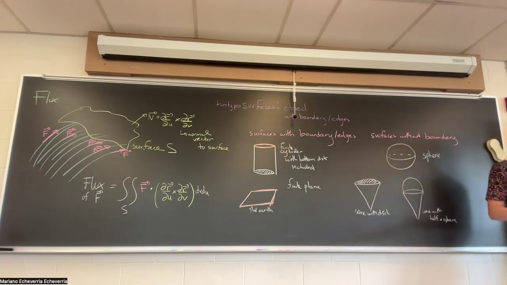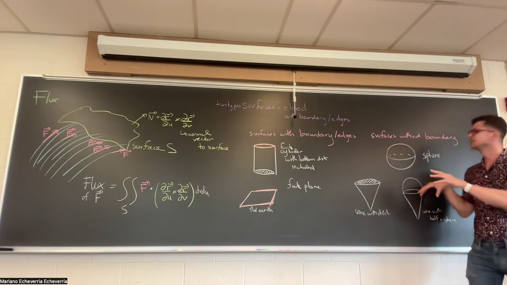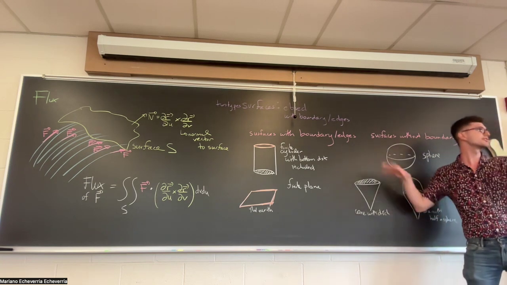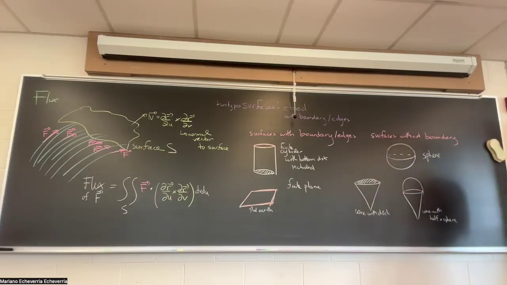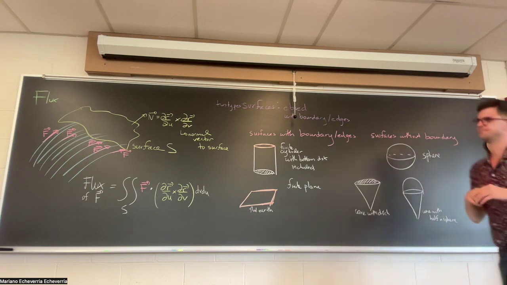Does that make sense? Many examples that you could think of have edges. There is a way to add things to them so the edges get removed, and that's one way to make a surface without a boundary, just by adding things onto it.